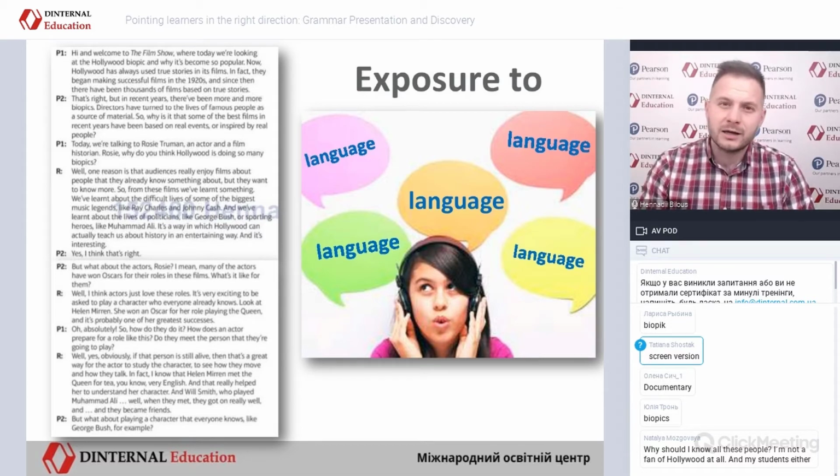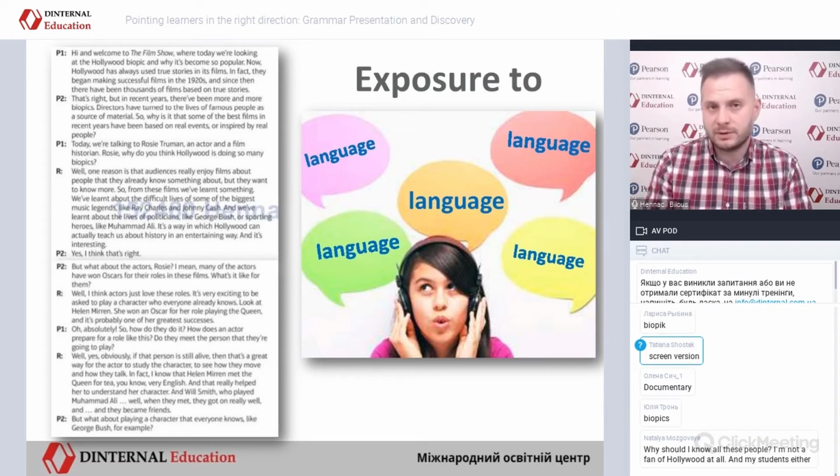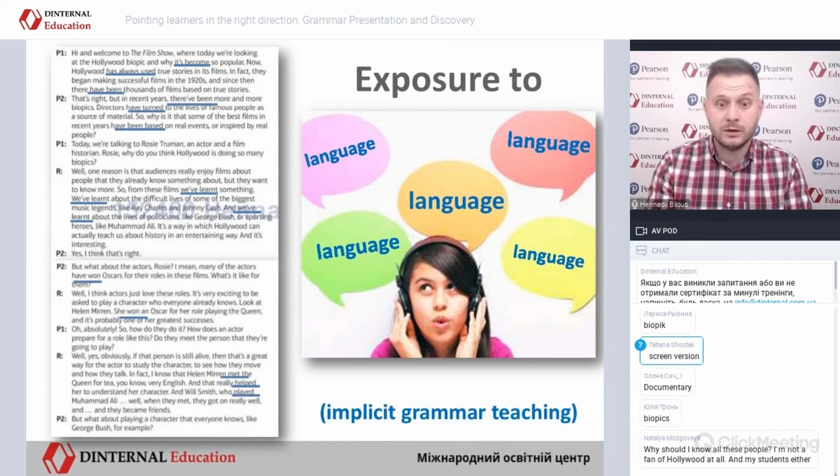What about target language? What about present perfect and past simple? Yes, you could ask me, is there any? Well, of course there is. So obviously this listening activity, this text, comes together with lots of grammar, with lots of present perfect and past simple. However, this is not still in focus of students' attention.